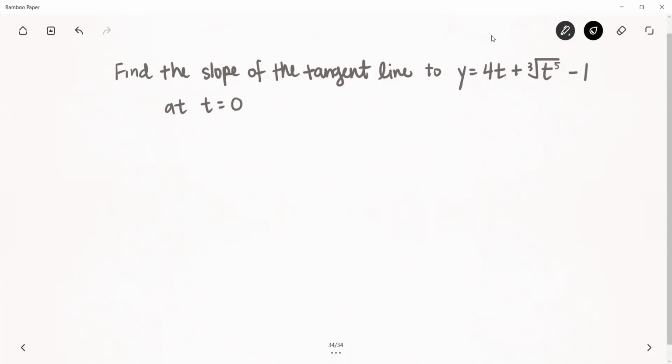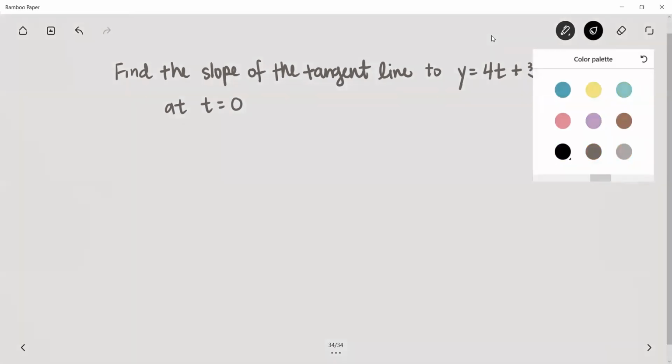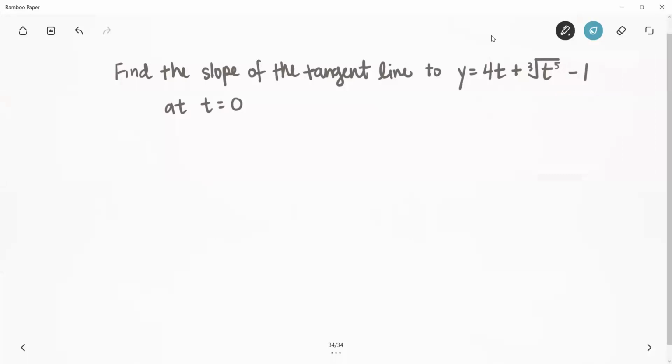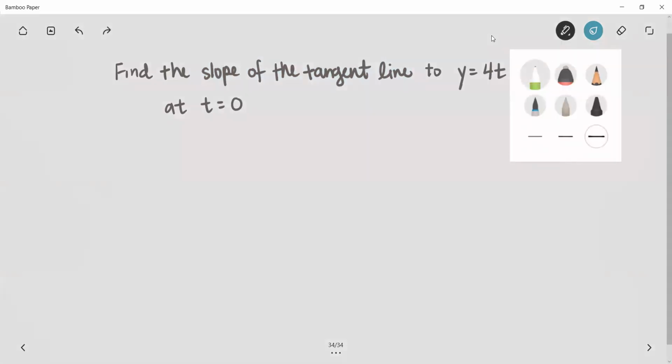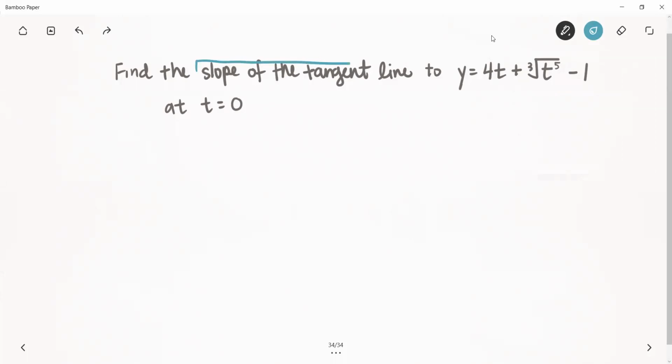If I look at what I'm being asked for here, I'm trying to find the slope of the tangent line. Slope of the tangent line. And when I see this, I'm thinking, okay, I'm going to need the derivative.